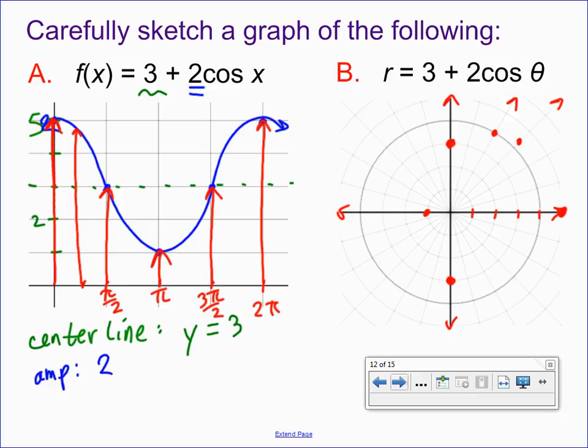What else would be easy? 2 pi over 3 would be easy for cosine. Let's do 2 pi over 3. So the cosine of 2 pi over 3 is negative 1/2, times 2 is negative 1, plus 3 is positive 2. Let's go in the 2 pi over 3 direction, positive 2.